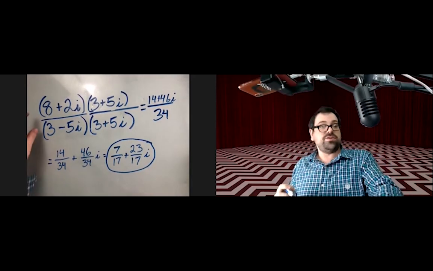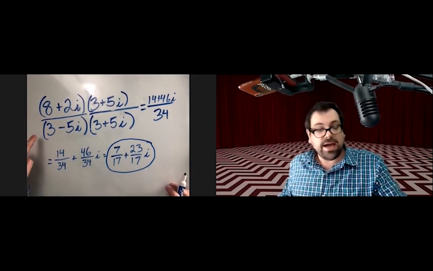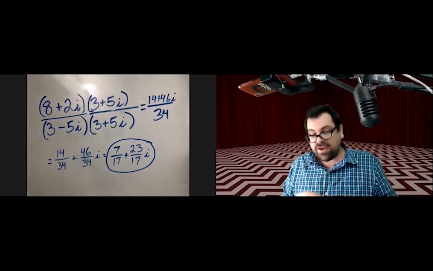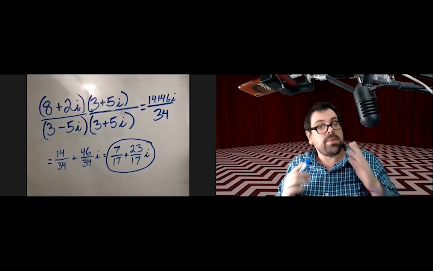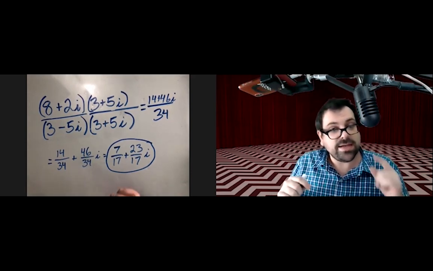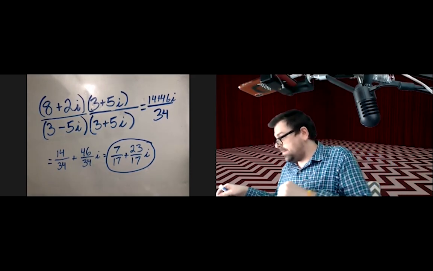And that is division. 8 plus 2i divided by 3 minus 5i is this. Make sure you can follow every step I did and that you know why we did what we did.